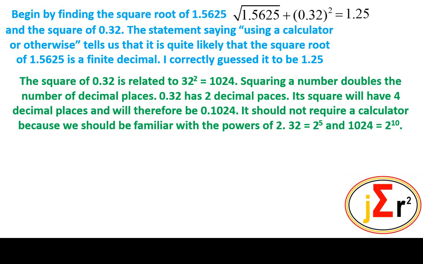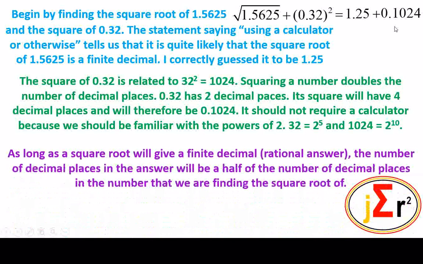Powers of 2 are very important, especially to information technology. 32 is equal to 2 to the power of 5, and 1024 is 2 to the power of 10. This part is not difficult. We just square 32, which we know to be 1024, but we need to have 4 decimal fractional places.